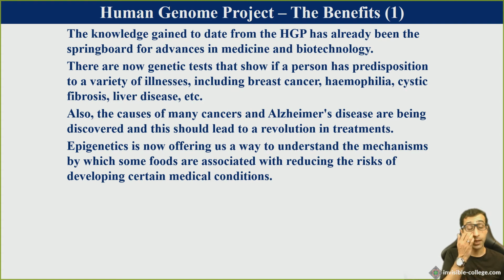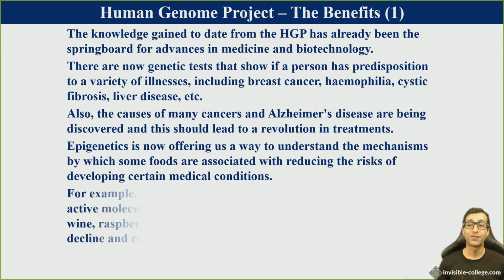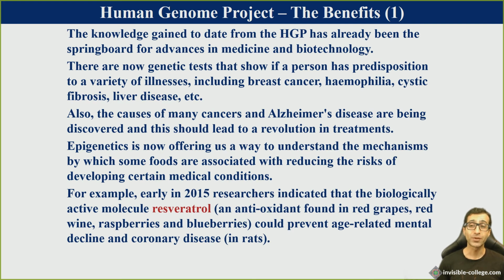So, for example, in early 2015, researchers found that the biologically active molecule resveratrol, which is an antioxidant found in things like red grapes, red wine, raspberries and blueberries, could prevent age-related mental decline and coronary heart disease.